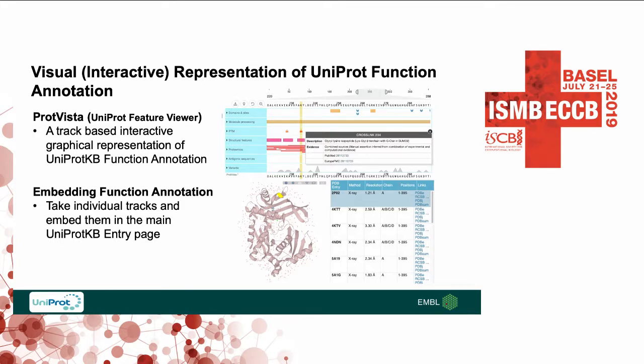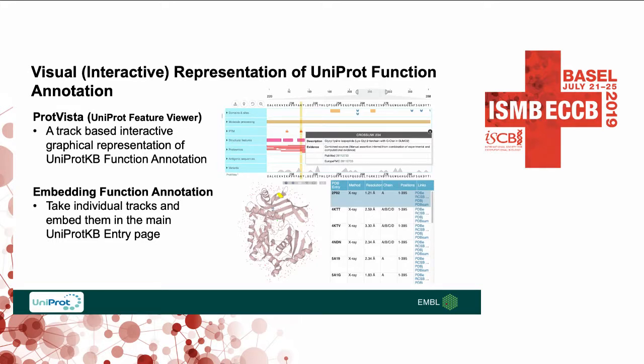This is a fully interactive, track-based visual site that allows you to explore all the functional annotations and look at various things. We've added recently also the structure component, so you also have the structures. If there is a structure, you can link that through, and I have an example of that a bit later.